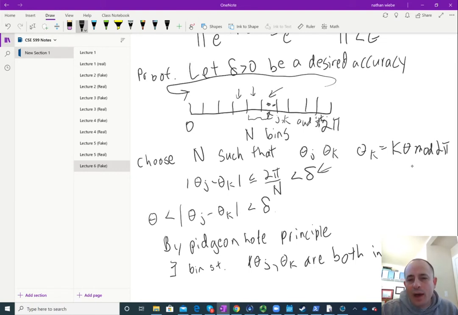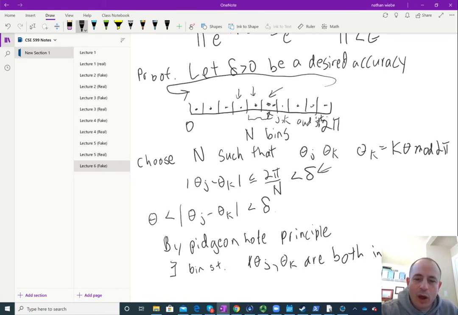And the reason this holds is because we have all of these individual bins, and we've chosen each of them to be less than delta. Best case scenario, we might have some period where every single one of the bins has only one element in it.